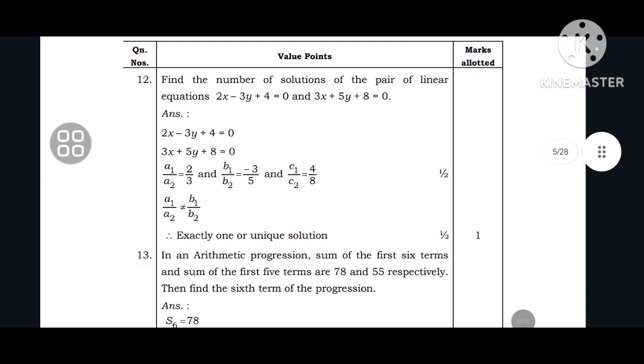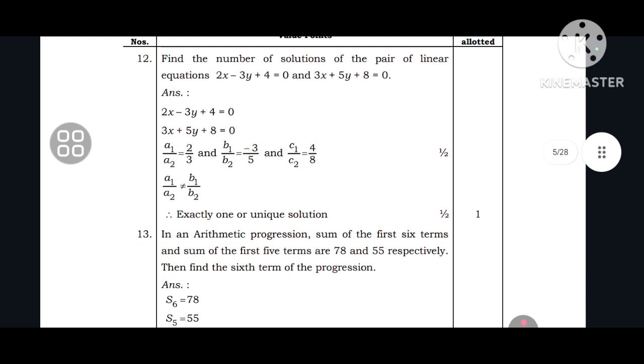Coming to the 12th question, find the number of solutions to the pair of linear equations. This question is from the pair of linear equations in two variables, as x and y are the two variables. You can solve this question in a very easy way. They have asked how many solutions this pair of equations consists.